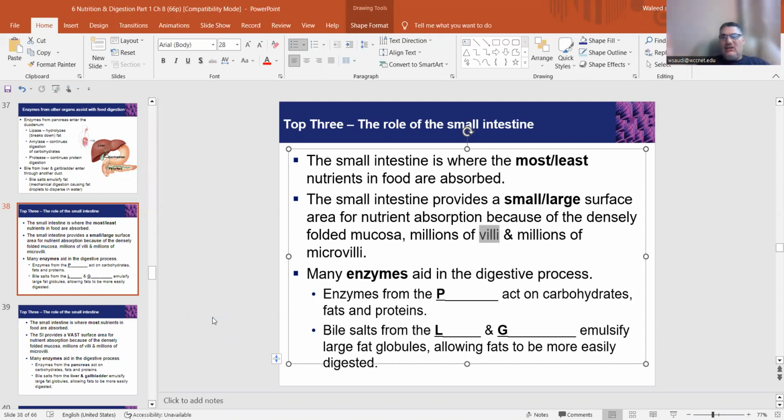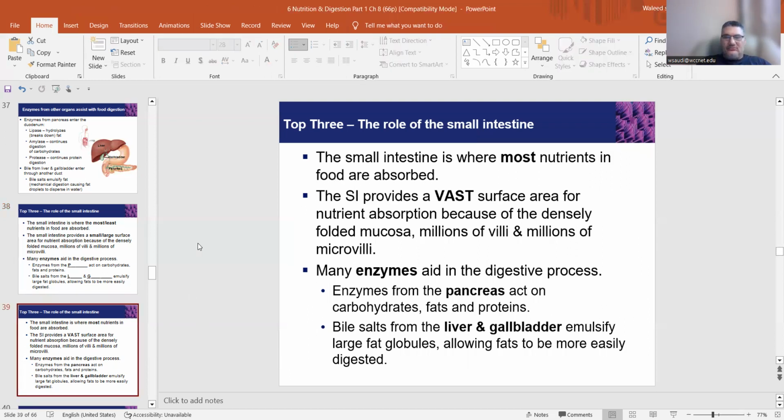Actually, when they invented the dish soap, they invented it from the idea of the bile salt because it breaks down the fat and then you put it under the water, it cleans right away. So this is the same idea.